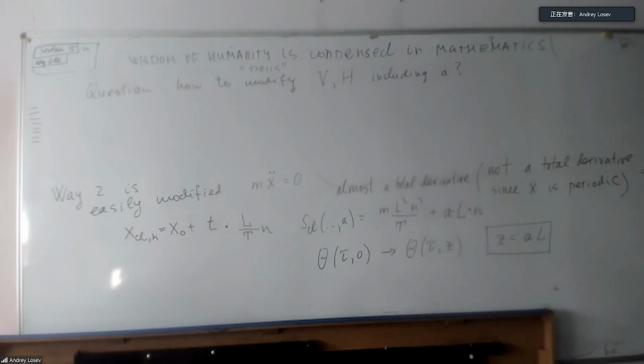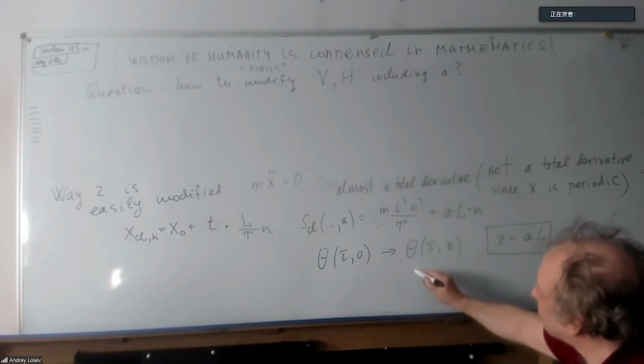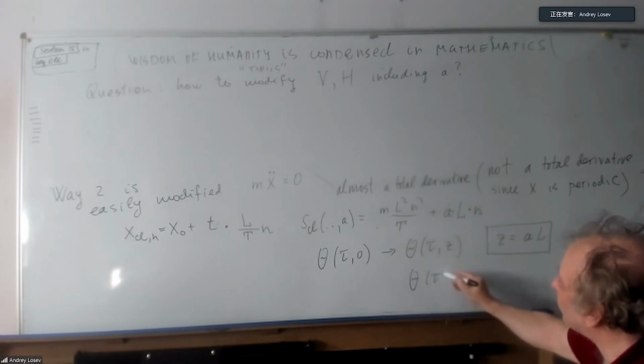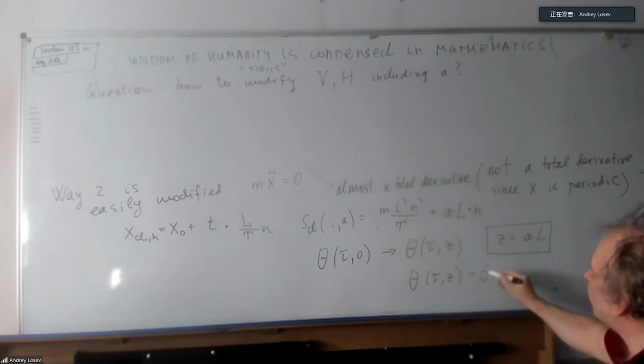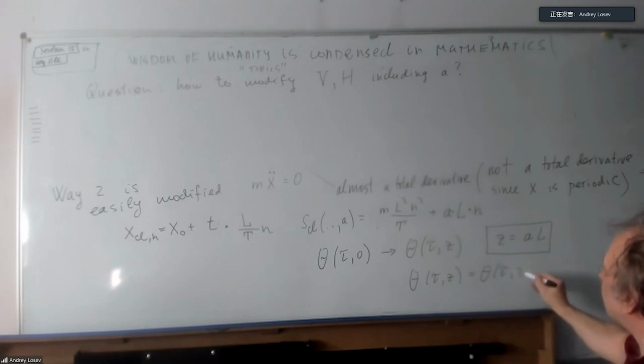So before we do it, let me make the following observation. Theta function of tau, z equals theta function of tau, z plus 1.